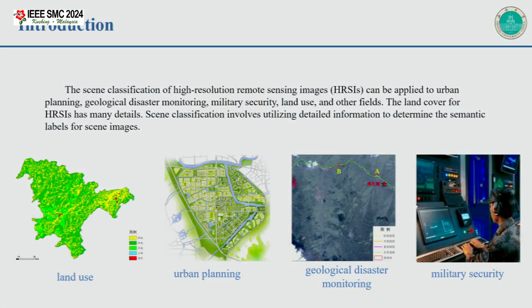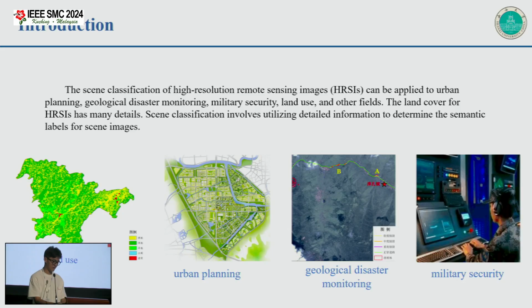The report introduction, the method, experiment, and analysis and summary will be made in the following aspects. The scene classification of high-resolution remote sensing images can be applied to urban planning, geological disaster monitoring, military security, land use, and other fields.